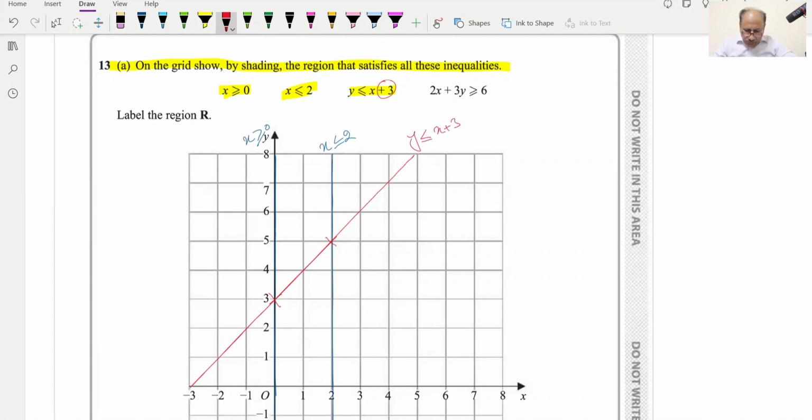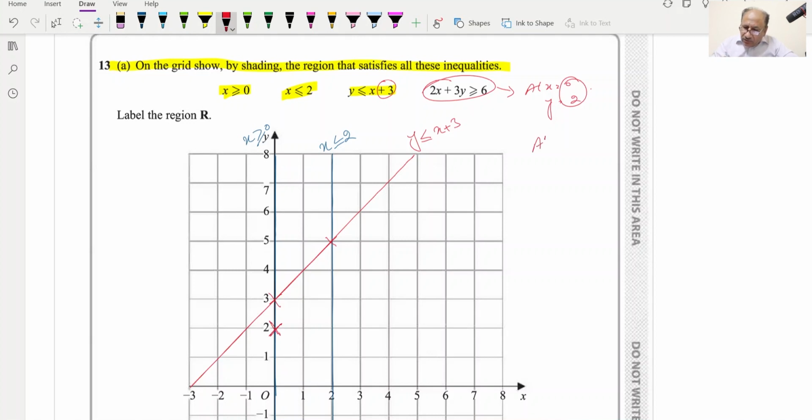We can write this line, y is less than or equal to x plus 3. We are labeling so that we will not be confused, and the last line is 2x plus 3y is greater than or equal to 6. In this equation, at x equal to 0, y will be equal to 2, so our point will be 0 and 2, which is this point.